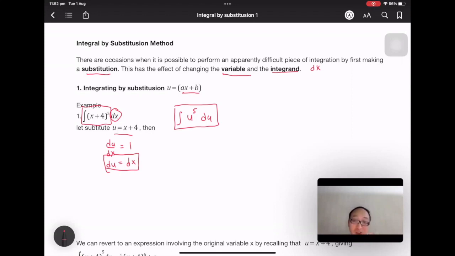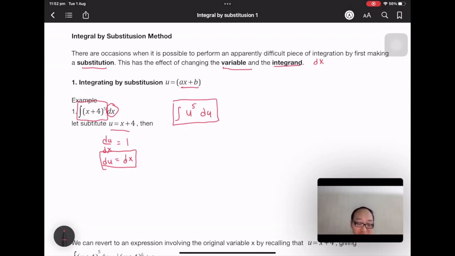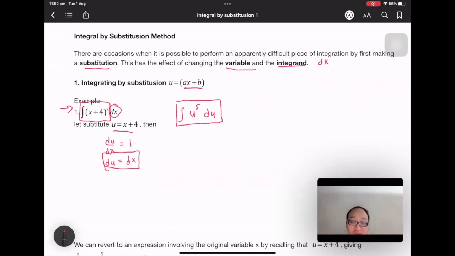So from the complex equation, we can simplify it into the simple form so we can integrate it using the power rule. So substitution method means a method to simplify an expression to be integrated using the power rule.